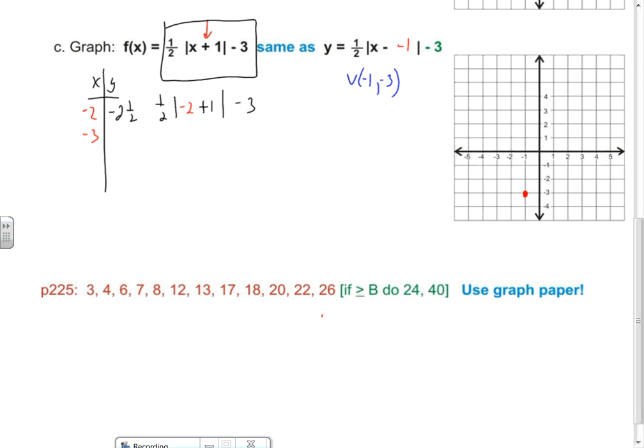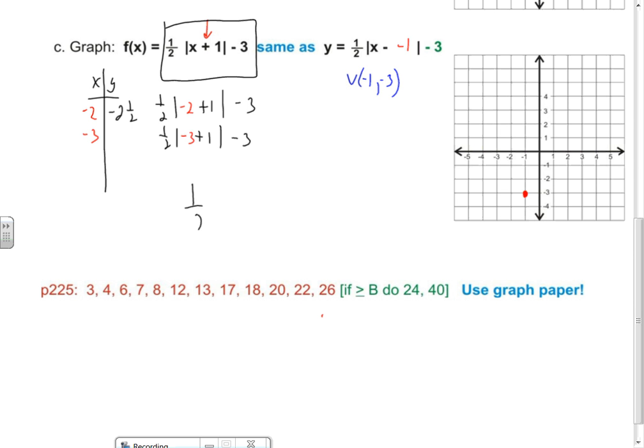Because watch what happens now. Let's put -3 in for the x. Same form, -3 goes in. 3 negatives and 1 positive is 2 negatives. The absolute value of -2 is 2 times 1/2 is, come on, 2 times 1/2. Don't tell me you guys can't do 2 times 1/2.